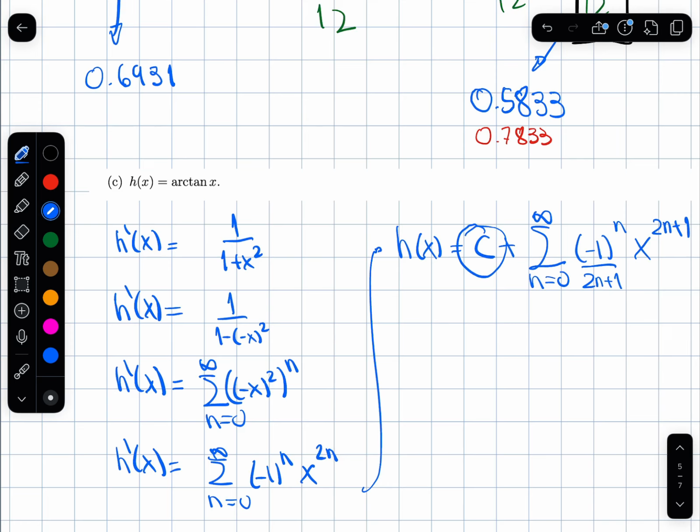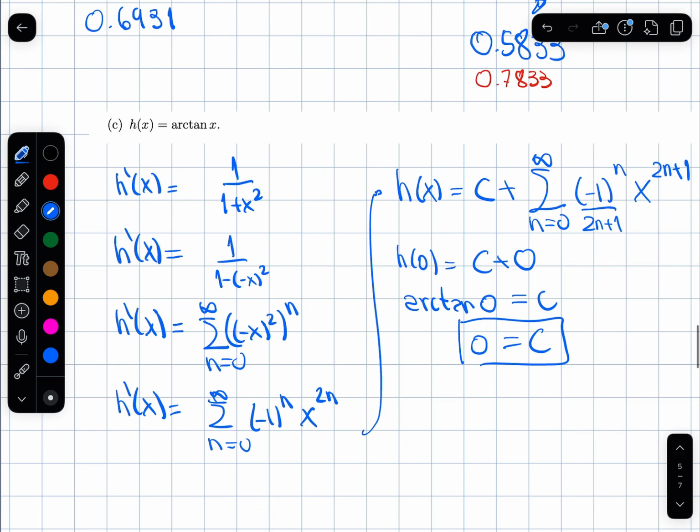And again, I plug in 0 to find c. You can see that this is always going to be 0. So the arctangent of 0, because this is h, is c. So the angle whose tangent equals 0 is 0, c equals 0.